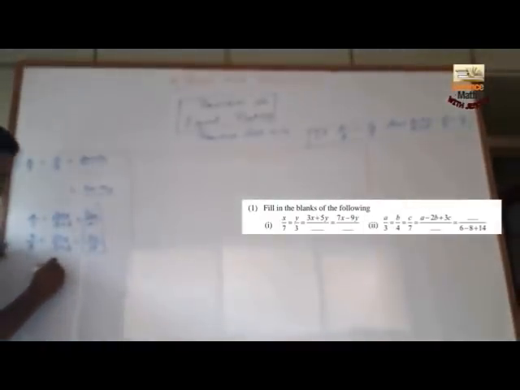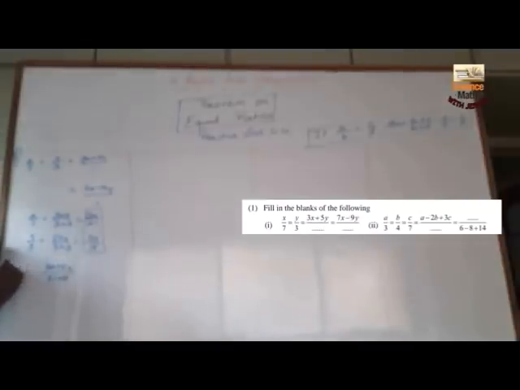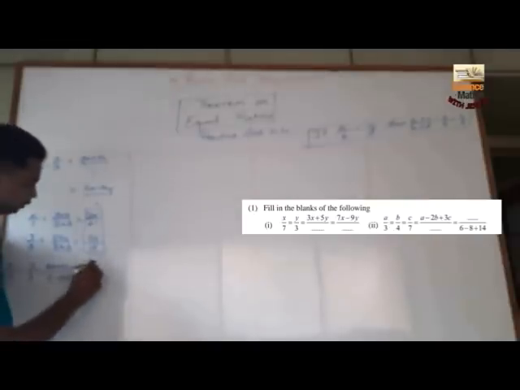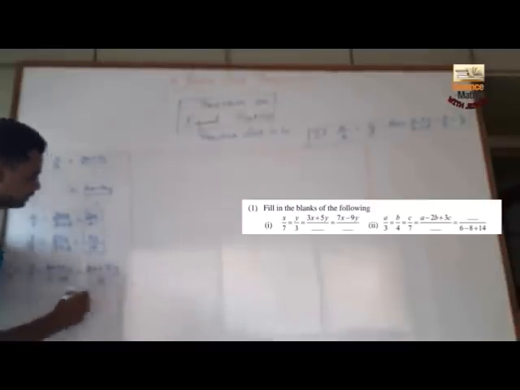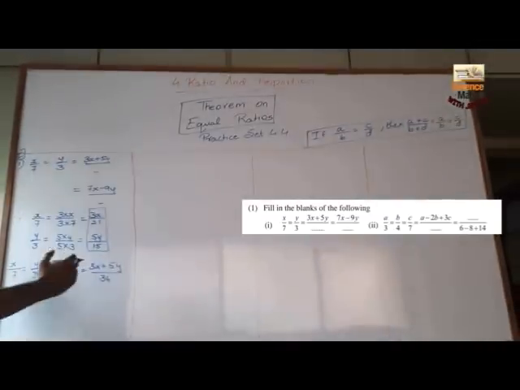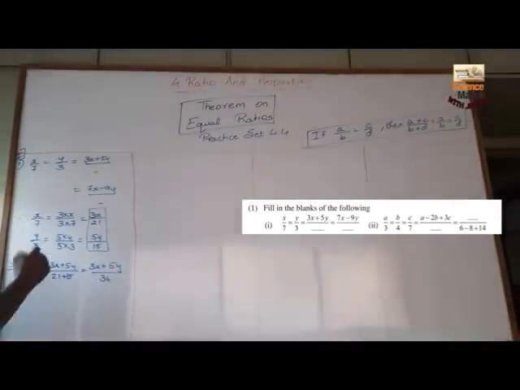Therefore 3x plus 5y upon what will I have? 21 plus 15. The original ratios were x upon 7 is equal to y upon 3 is equal to this, which is equal to 3x plus 5y upon 15 plus 21 will give me 36. This is the first half of my first sub question.